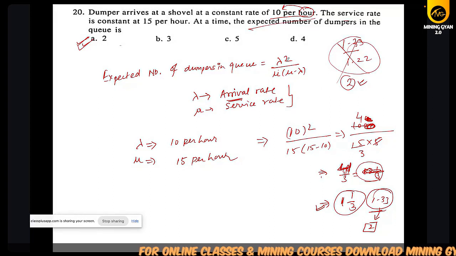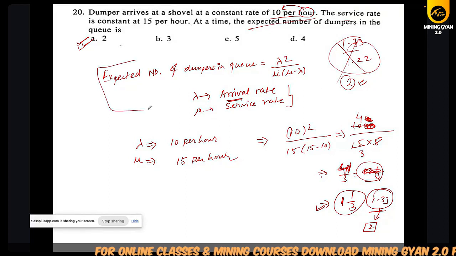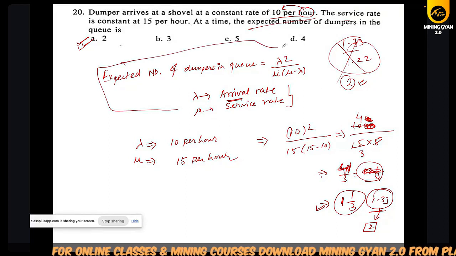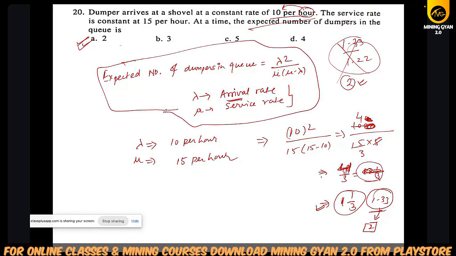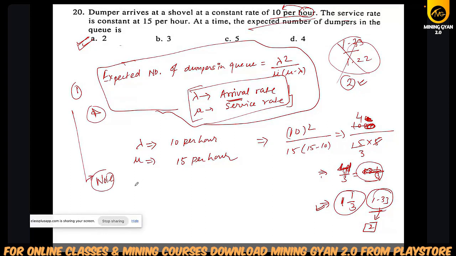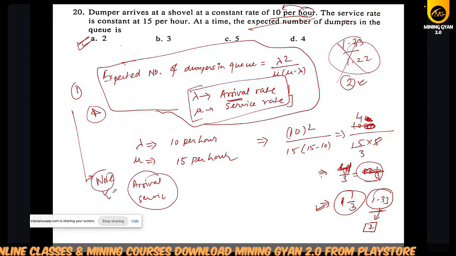So please remember this formula. This is the formula you should write on a single page. And yesterday we also discussed the arrival time and the service time, so that question you should also write on the same page, or write a note on how you will calculate arrival time and service time.